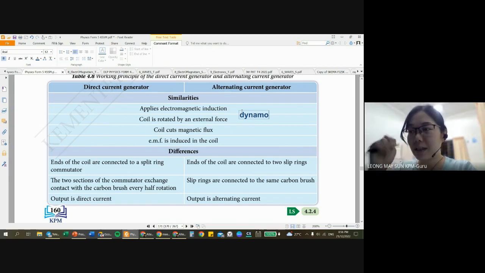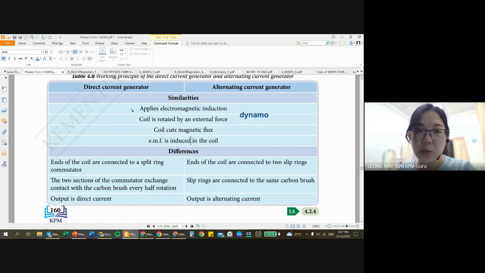So when you pedal on the bicycle, you are turning the coil inside the dynamo, which supplies electric current to the light bulb in front of the bicycle. So the coil is rotated by external force, and then the coil will cut the magnetic flux inside the dynamo or the generator, and then it will induce EMF or induce current in the coil.